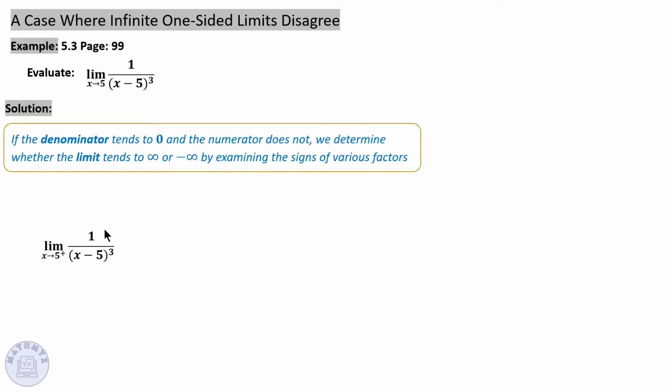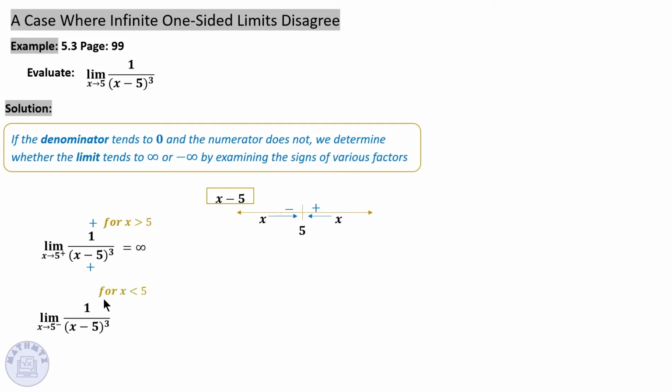So imagine you have the limit as x approaches 5, and you substitute a number larger than 5. From the right side, you have a positive value on top, and down here you have larger than 5, minus 5, so a positive value, and therefore the limit from the right side will approach infinity.